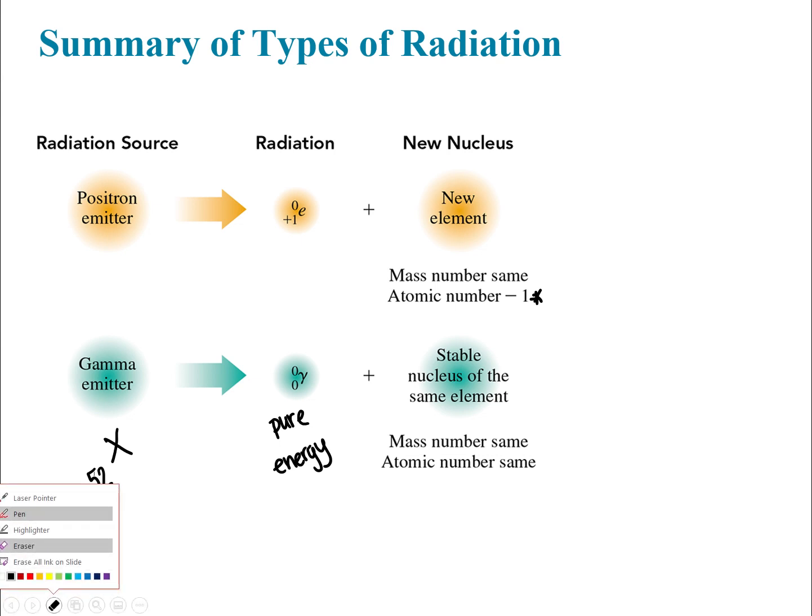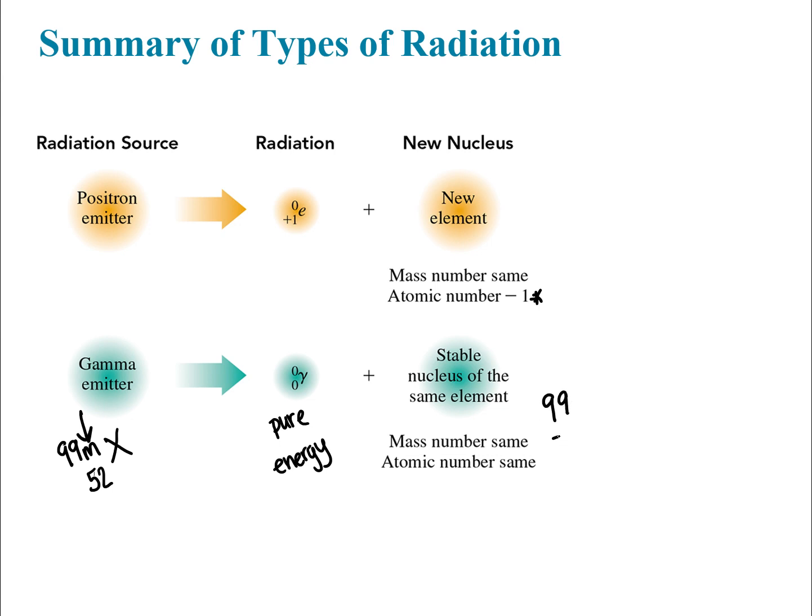The way that you would indicate that there's extra energy there is an M. So an M after the mass number shows you that it's going to be a gamma emitter. And at the end of it, what you get is the same element. You just don't write the M after the mass number.